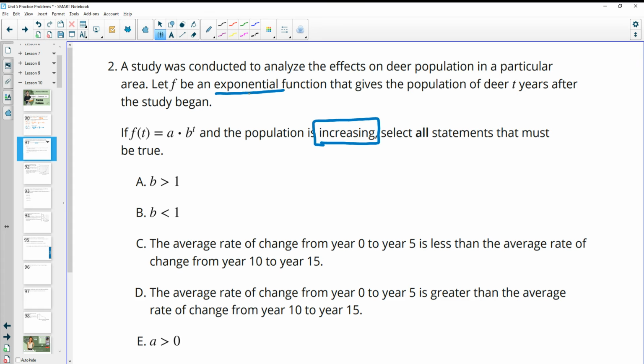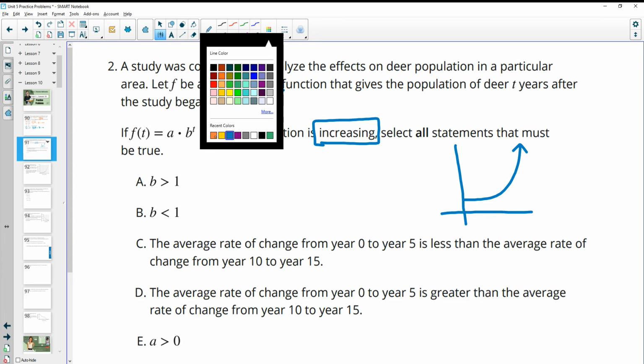So let me just quick sketch. So it's exponential. So remember that exponential functions are going to look something like this if they're growing, right? So this says increasing and it's exponential. So select all statements that are true.